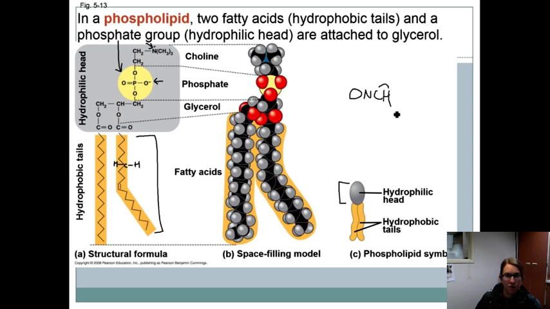They don't have any charges. And so that makes them hydrophobic. If they have no charge, they're not going to dissolve in water, which does have a charge. So those parts, we call them the hydrophobic tails. Those parts will not dissolve in water. So a phospholipid has got the hydrophilic head with the phosphate part, and the hydrophobic tails, which are like the fatty acid part.